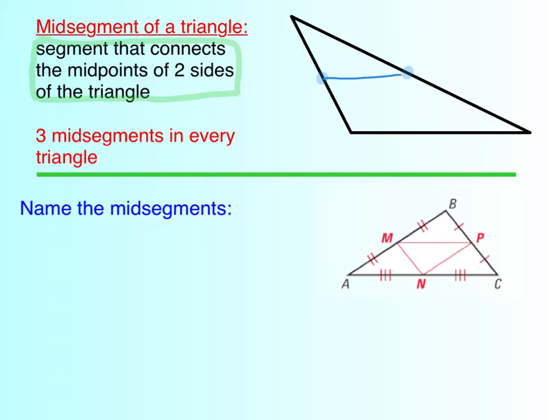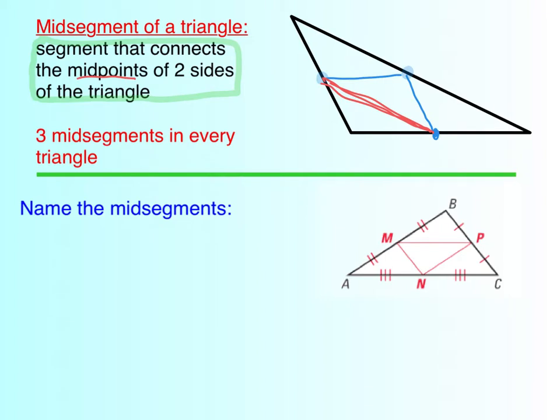Or if I had the midpoint of this side, then that segment would be the midsegment there. So there are three midsegments in every triangle. The third one would be I connect these two midsegments. So that's a midsegment. You go from midpoint to midpoint through the triangle, and that is a midsegment.